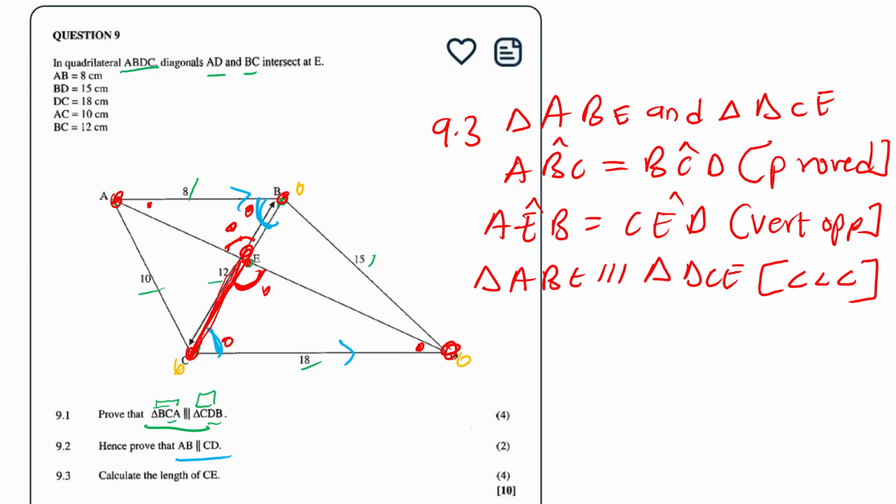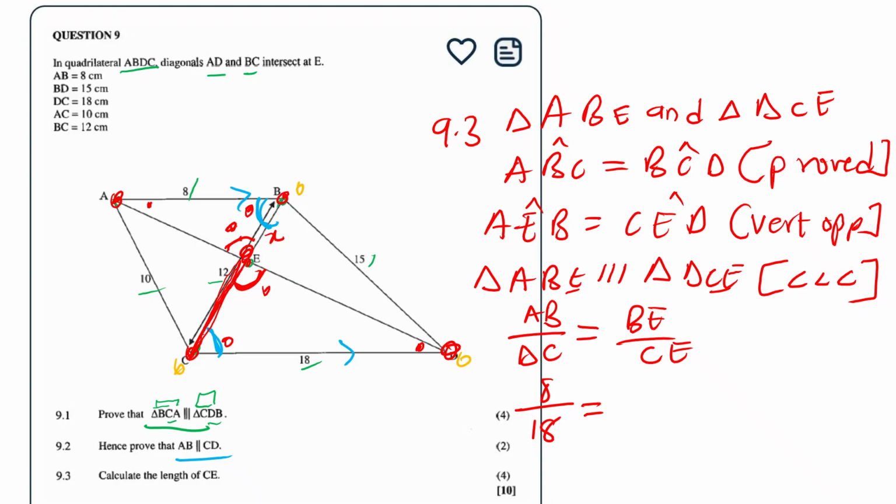Therefore now we can say AB over DC, it is equal to what? The following ones: BE over CE. Therefore now it is BE over CE, right? Therefore now AB is 8. 8 over our DC, it is 18, is equal to our BE. Our BE, we are given our BE as X, right?